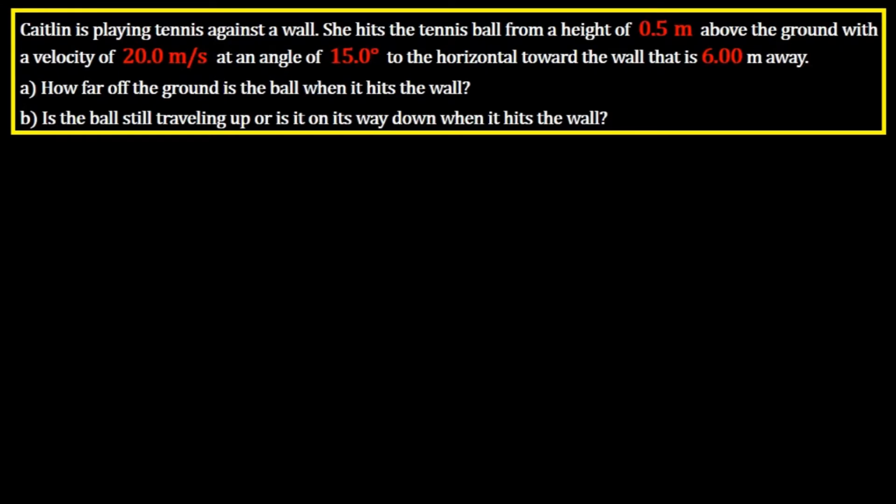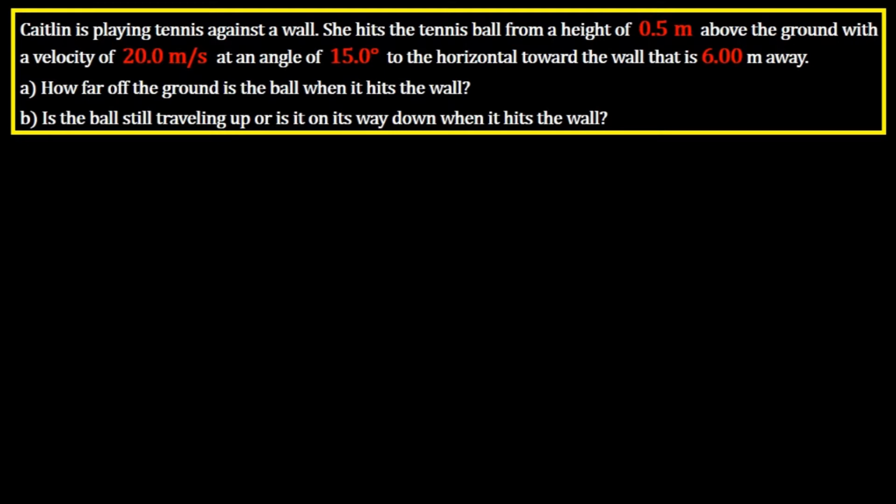The next problem we're going to do is probably the most confusing of all the problems we have done, with the exception possibly of the basketball problem starring Mubarak. Caitlin is playing tennis against the wall. She hits the tennis ball from a height of 0.5 meters above the ground with a velocity of 20 meters per second at an angle of 15 degrees to the horizontal towards the wall that is 6 meters away.